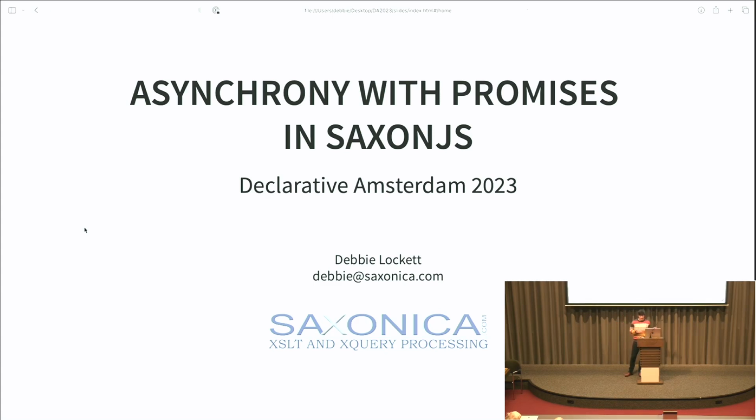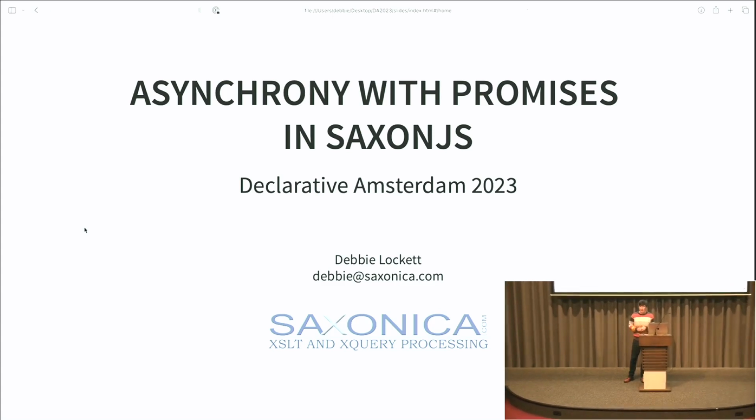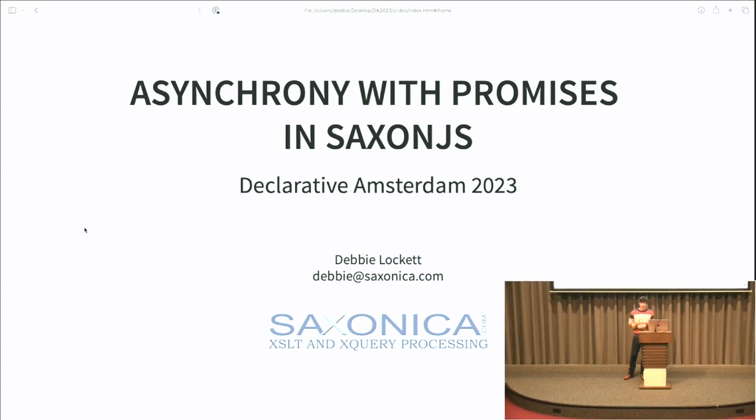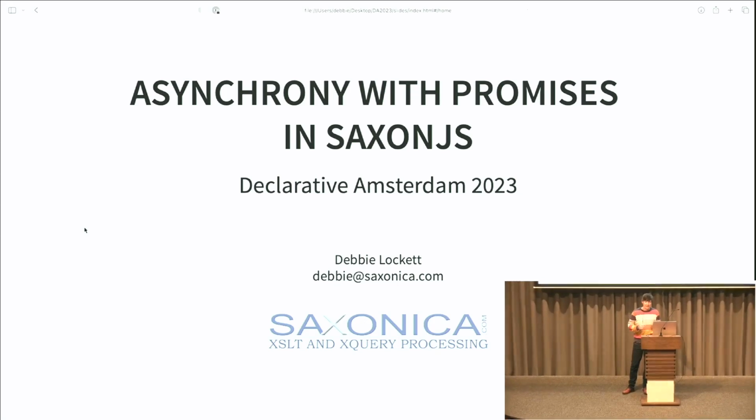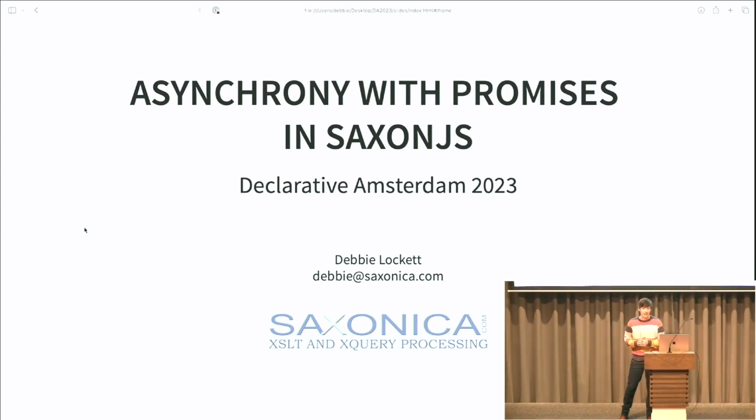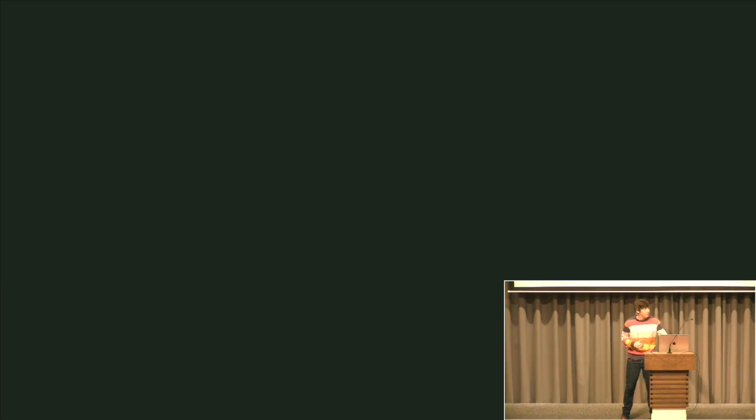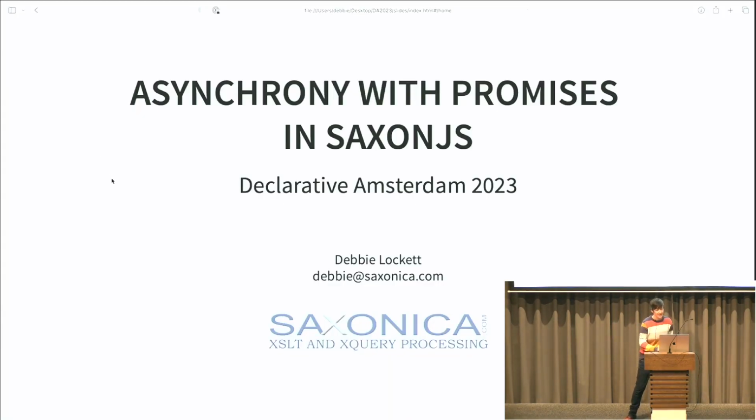So we've updated the implementation to now use promise-based APIs. And in parallel to that, we're introducing new promise-based XSLT extensions for the users of SaxonJS to then do asynchronous processing as well.